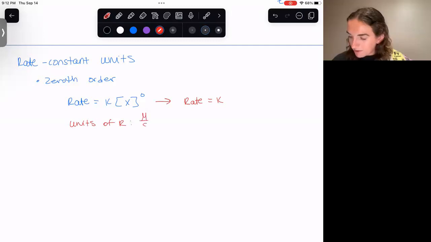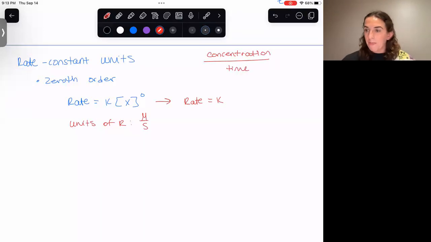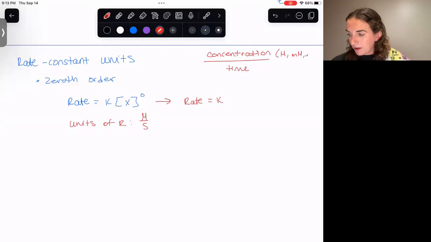We can say molarity over second is usually the typical, but we can say any sort of concentration over time. So this could be molarity, millimolar, or micromolar, and this could be seconds, hours, or days.